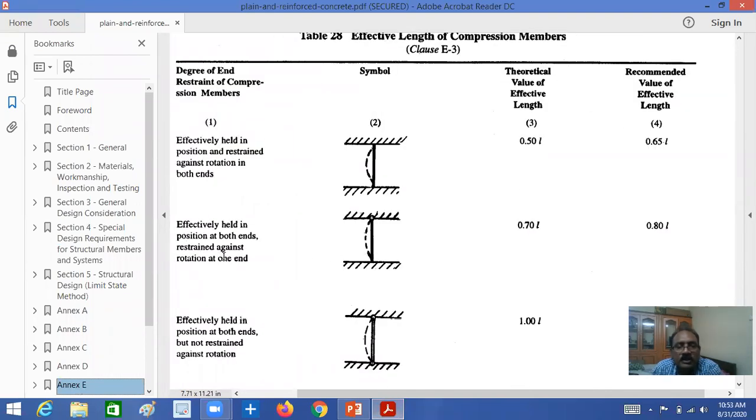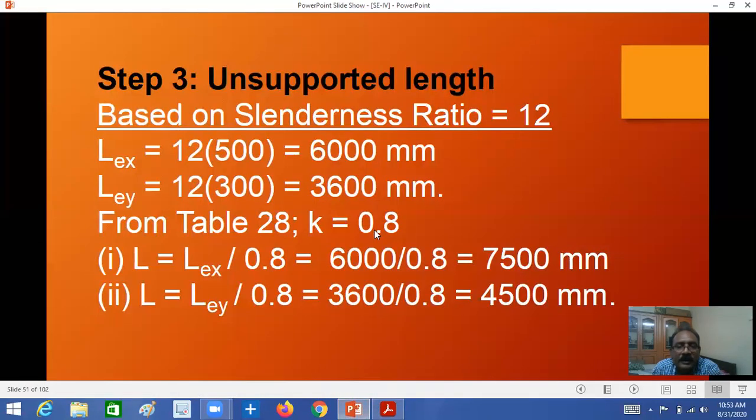Effective positions and not restrained at one end. So here the theoretical value is 0.8, and he has taken K equal to 0.8. So if you take L equal to 7500 mm, Le equal to 4500 mm.